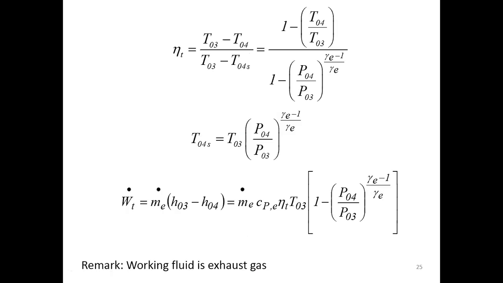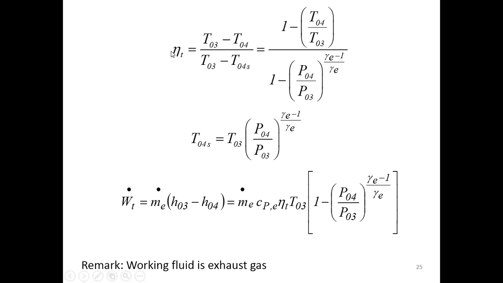So using this isentropic efficiency and also the isentropic relationship between the pressure and the temperature, we can come up with these expressions for the isentropic efficiency of the turbine.